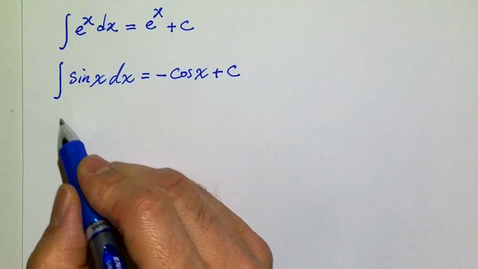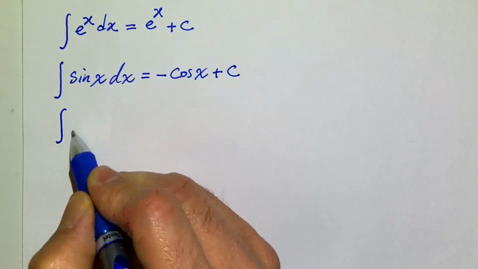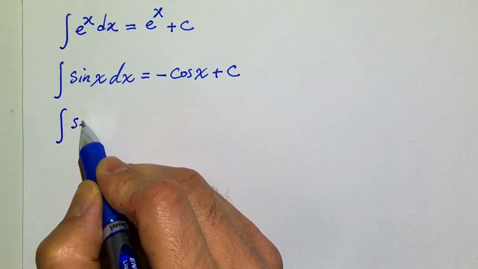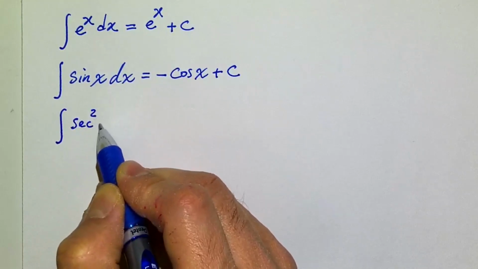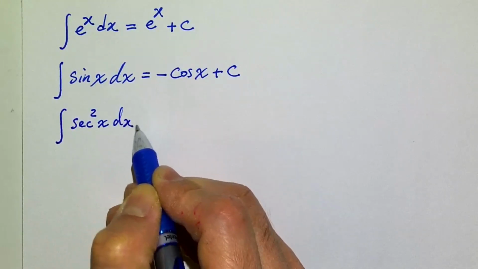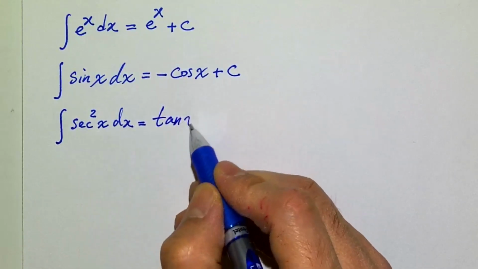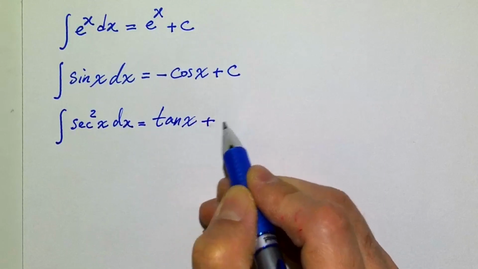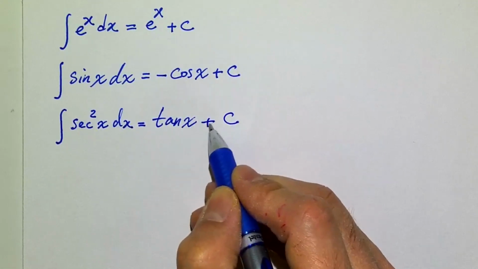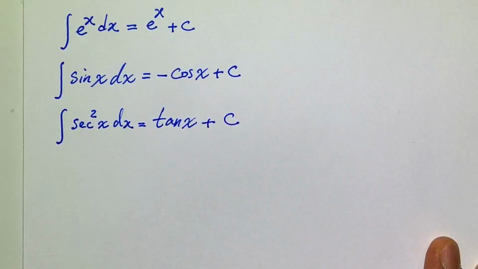Okay. The next formula is if we have the integral of secant squared x dx, that is equal to the antiderivative of this, which is tangent of x plus c, of course.